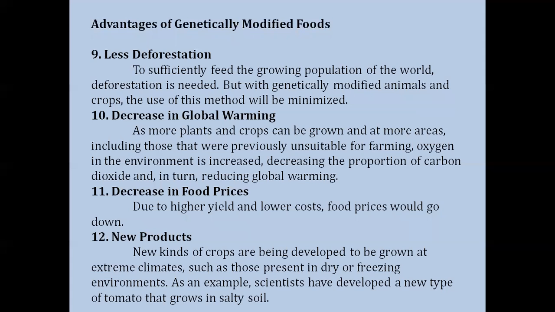Less deforestation. To sufficiently feed the growing population in the world, deforestation is needed. But with genetically modified animals and crops, the use of this method will be minimized. That is also a very important point. Decrease in global warming.